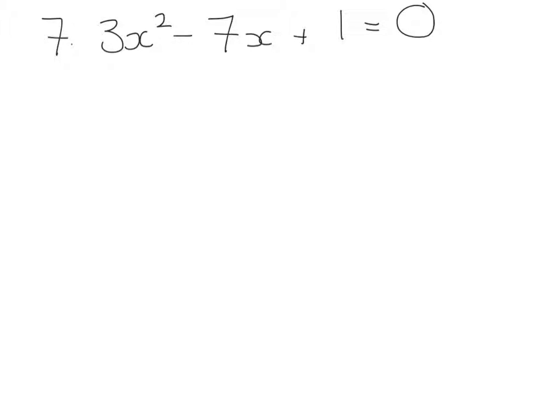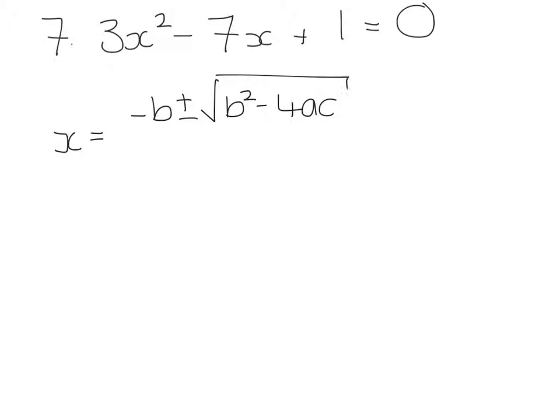Question 7. We are given a quadratic equation and asked to solve it. Our clue here is it's part of the calculator questions and it's to 1 decimal place. So we need to use our quadratic formula. x equals minus b plus or minus the square root of b squared minus 4ac, all divided by 2a.